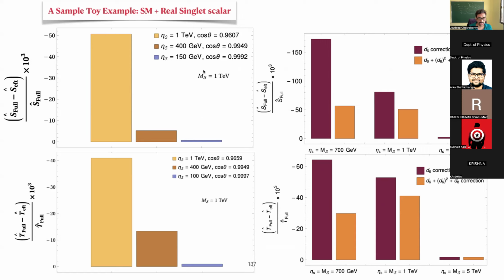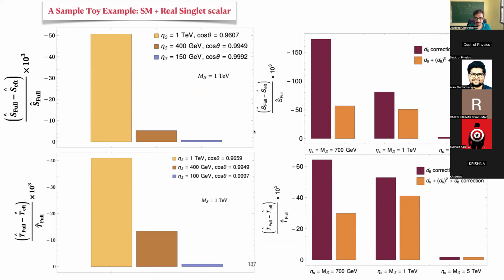That means you keep the large mass at 1 TeV, but your eta_s is the mixing parameter. Then even if your cos theta is larger, because eta_s is smaller, it talks less to this trilinear coupling, and that's why the higher order corrections in the EFT are less important. And if they are less important, that means truncating at dimension 6 or dimension 8 will be sufficient and equivalently replaces the full theory calculation. That's why it shows this trend.